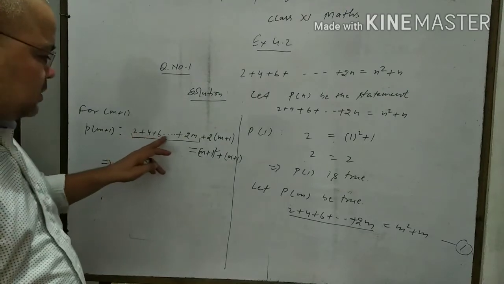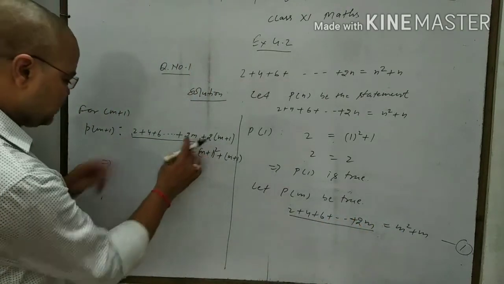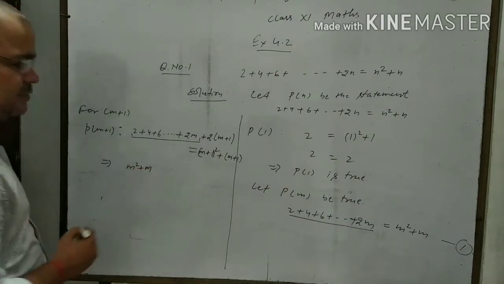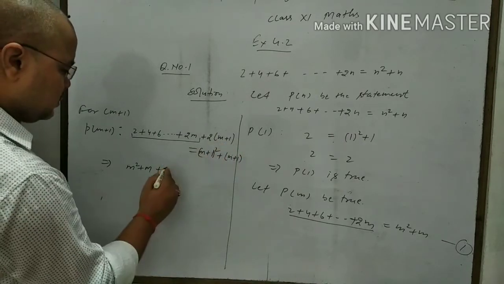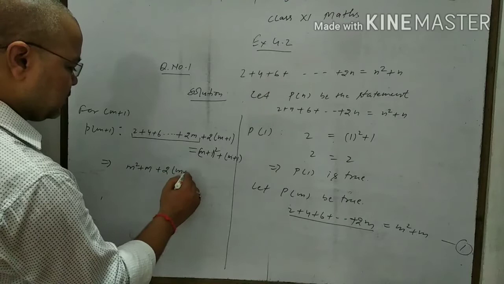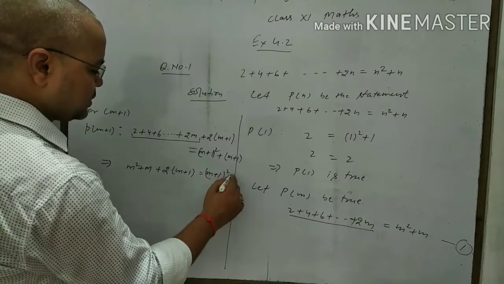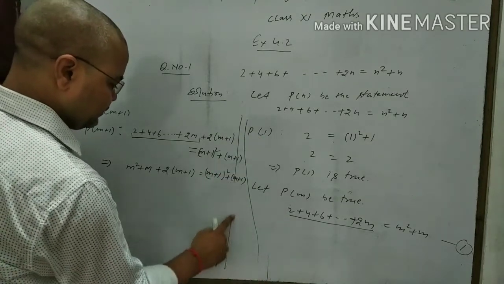It means 2 plus 4 plus 6 plus up to 2m gives m square plus m. So at the place of this, we can write here m square plus m plus, now this value 2 into m plus 1, is equal to m plus 1 whole square plus m plus 1. Okay.